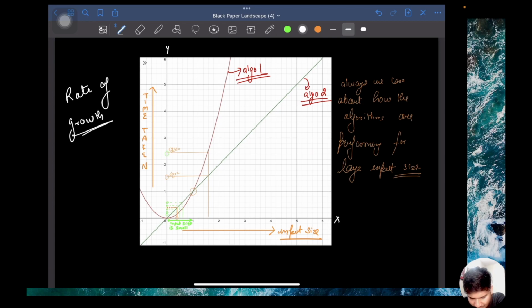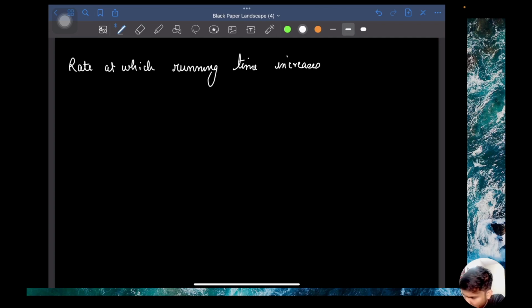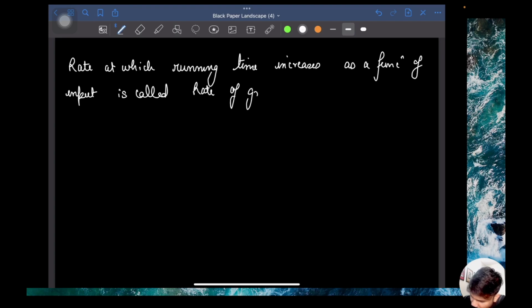There is a term called rate of growth. What is rate of growth? Let me talk about that. The rate at which running time increases as a function of input is called rate of growth, right?